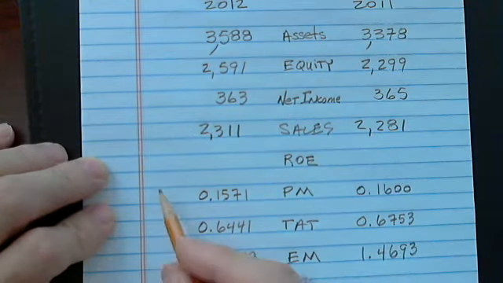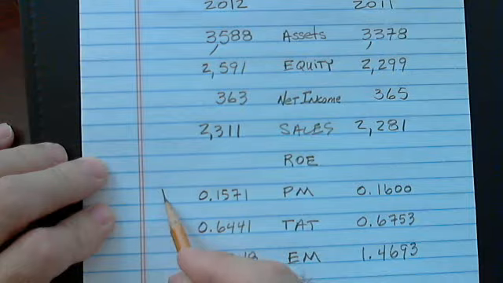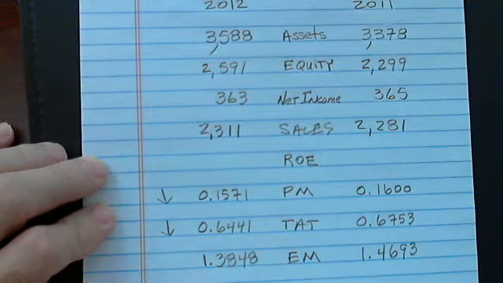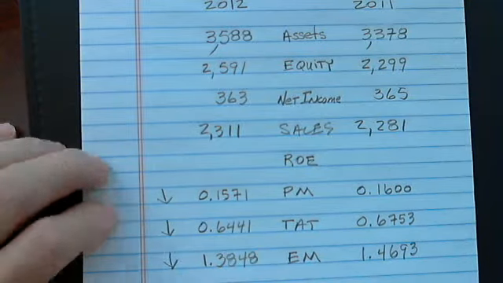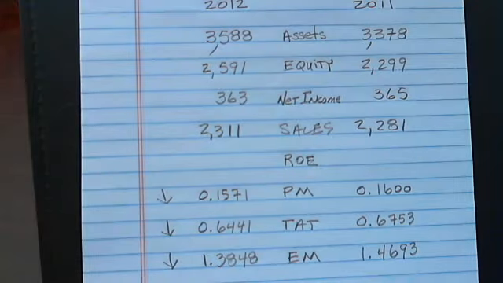So what have we noticed here? Profit margin fell from 2011 to 2012. Total asset turnover fell. Equity multiplier also fell. Everything falls. So that should tell us right away that ROE should be lower.